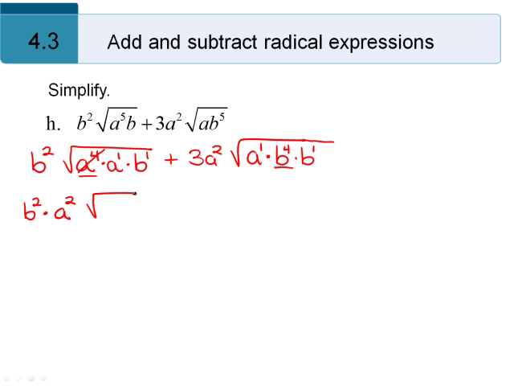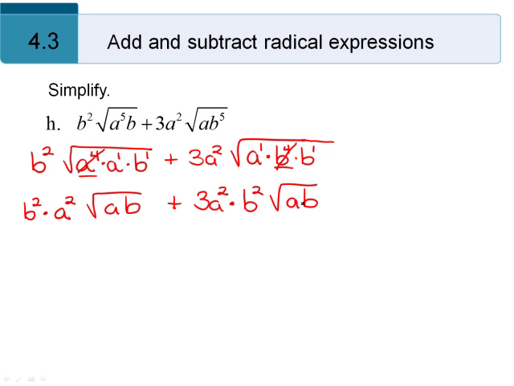And what I have left on the inside is just a and b. All right? Now, come over to the second term. 3a squared comes down on the outside, okay, and we're going to multiply it. Now we're going to take the square root of b to the 4th, which when you divide it by 2 comes out as b squared, and that b to the 4th is gone. So now you're left with a b under the radical.